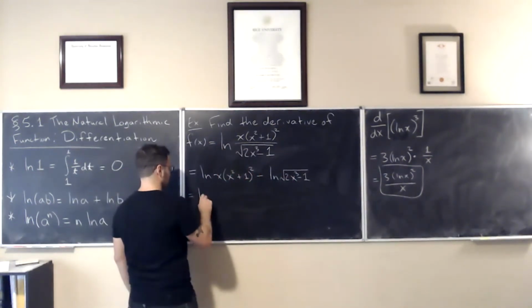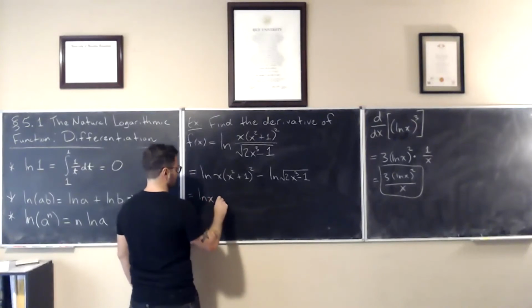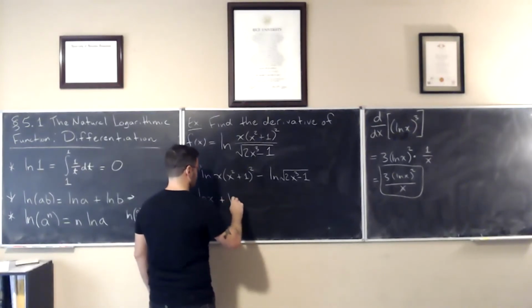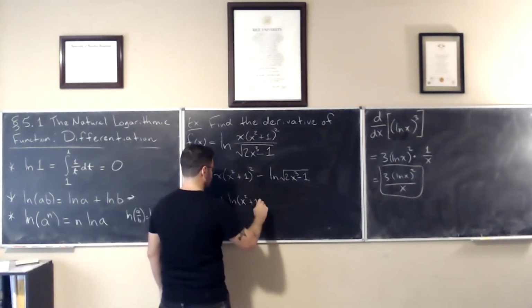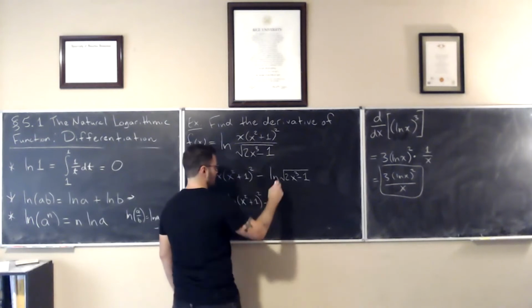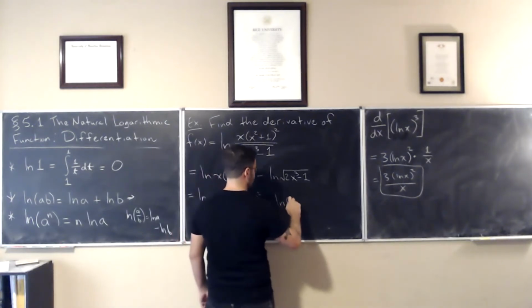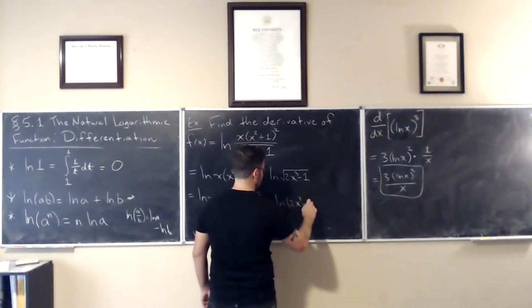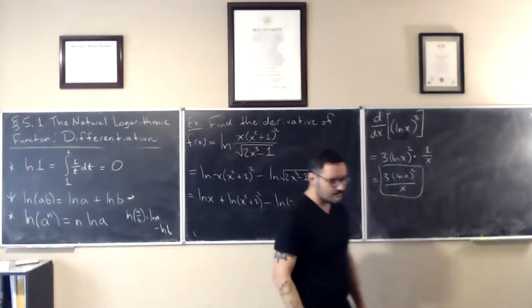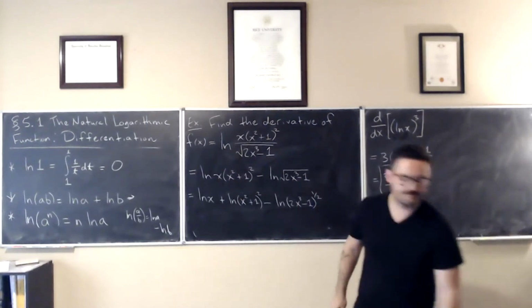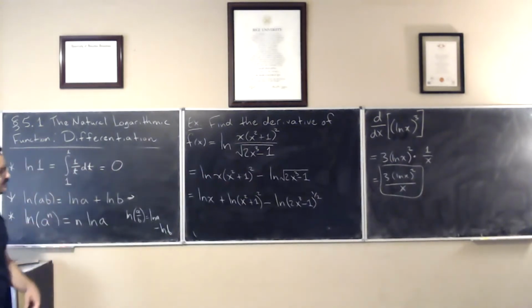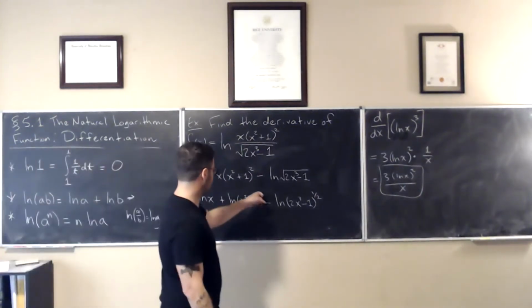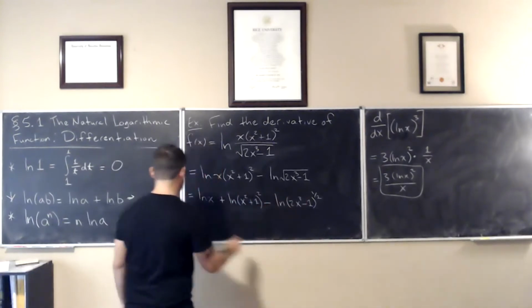So that plus natural log of this thing minus natural log of this. Make sure you can read that. So now I can use this exponent rule for natural logs, bring the exponents down.